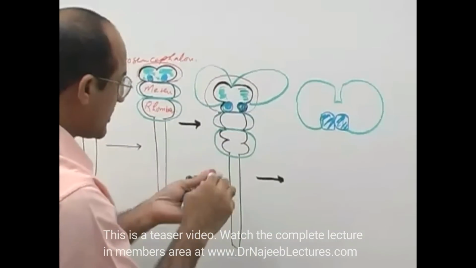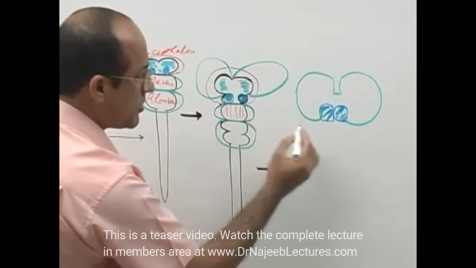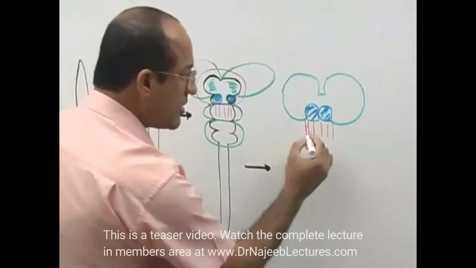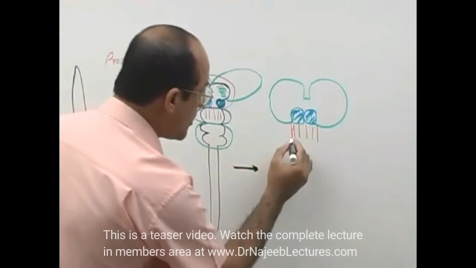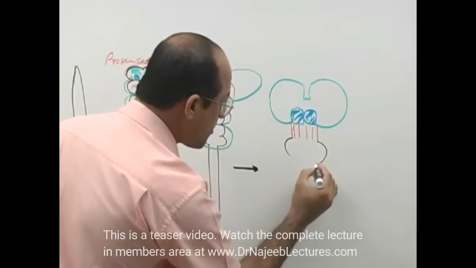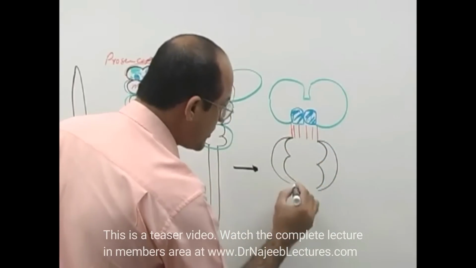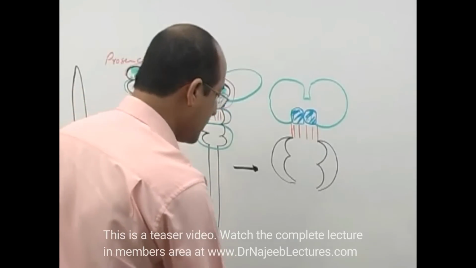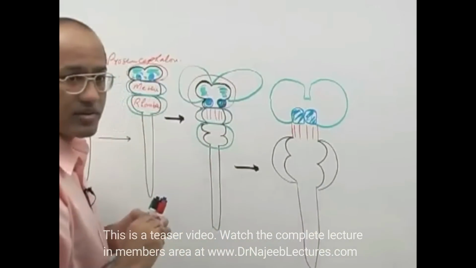Then of course the next component is the mesencephalon, that is the midbrain. And lower than that, from the rhombencephalon, is the development of the pons, medulla and cerebellum. And in the end, there must be the spinal cord.